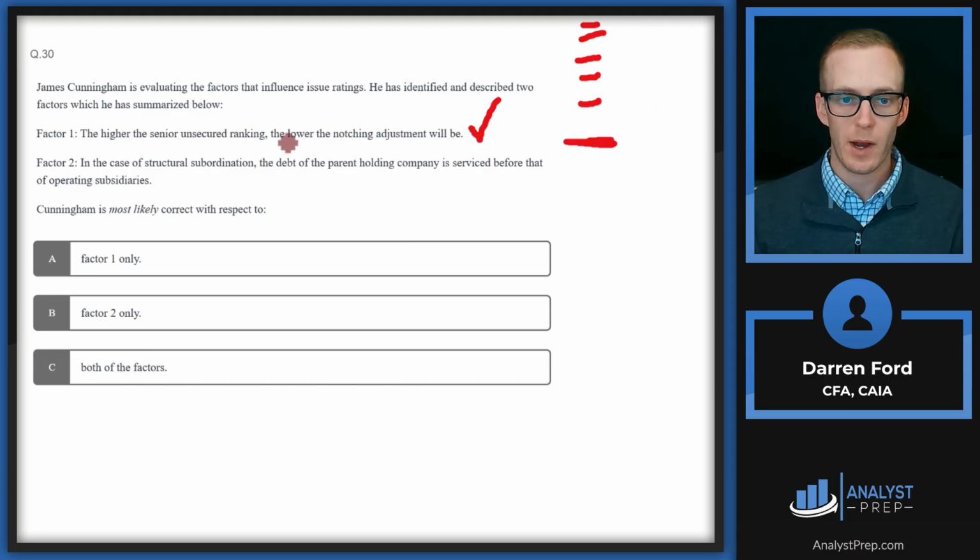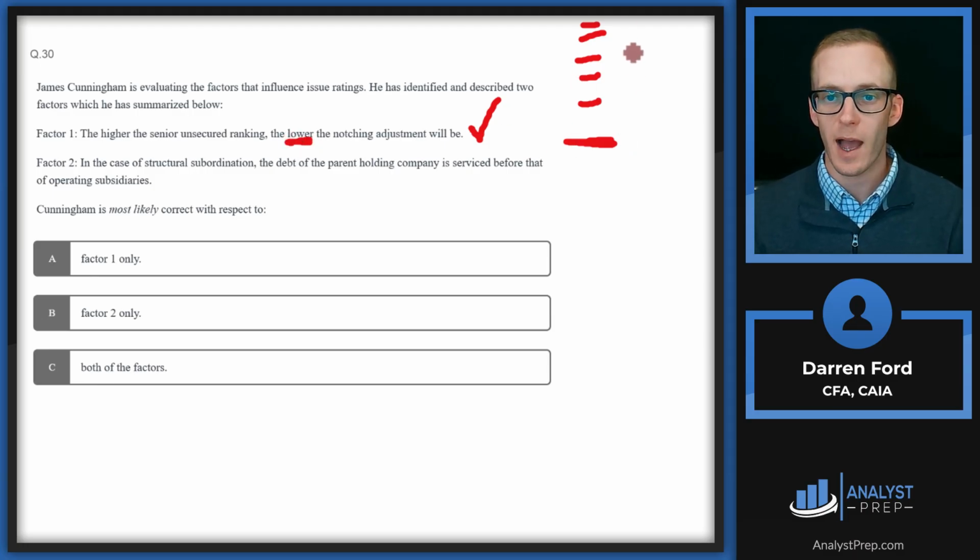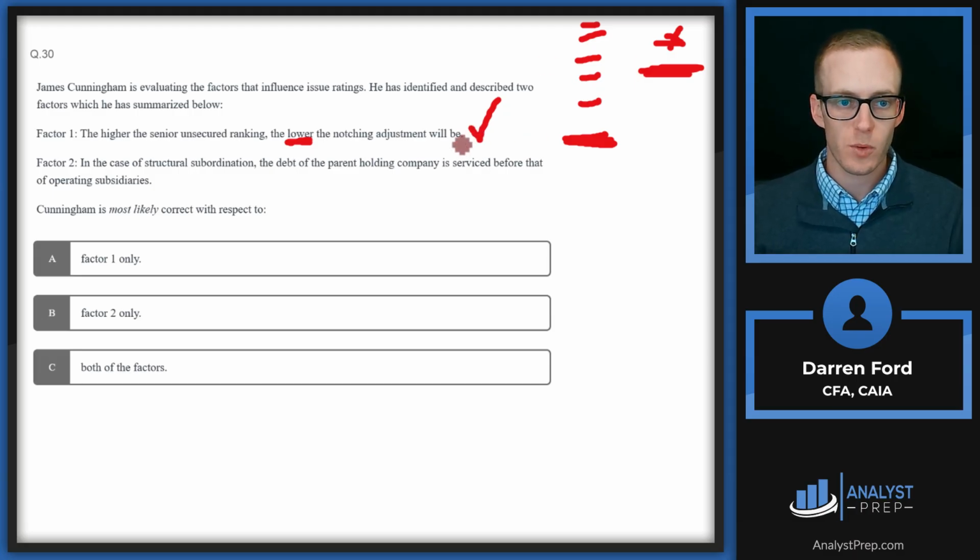So what this is going to require is a higher notching adjustment, because this higher notching adjustment essentially means we need to account for all this other debt and assume there's a lower likelihood of getting paid back if something goes wrong with the company. But if the senior unsecured debt is way up here and maybe there's only one level of secured above or nothing, then we don't need to notch that as much because we're toward the higher end of the capital stack than we are in this scenario. So factor 1 is a good statement so far.